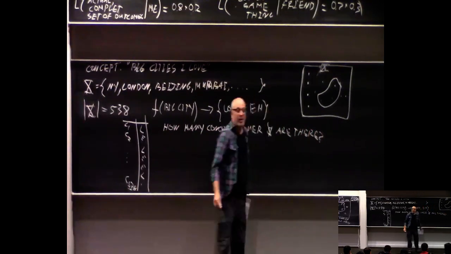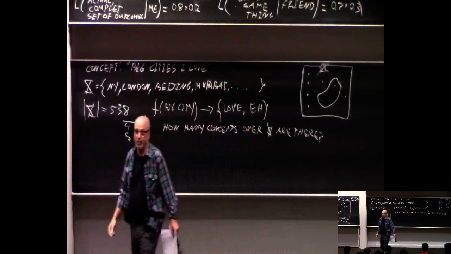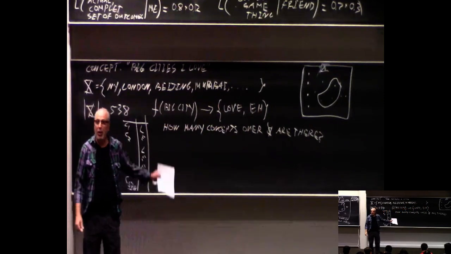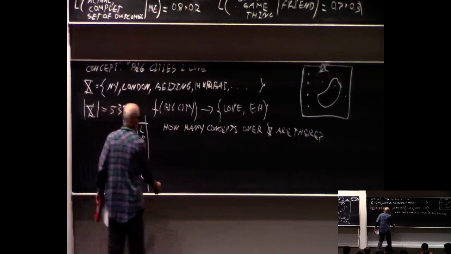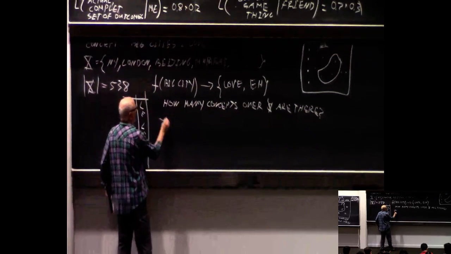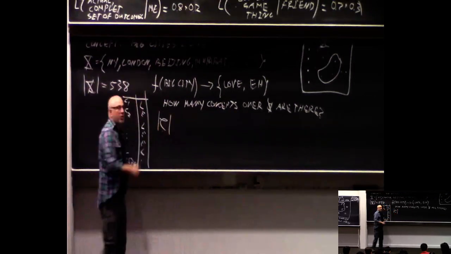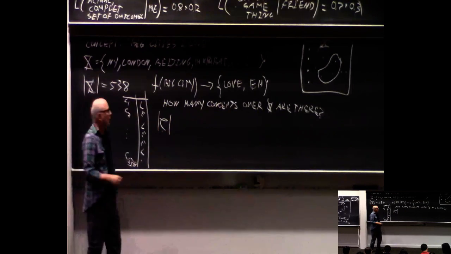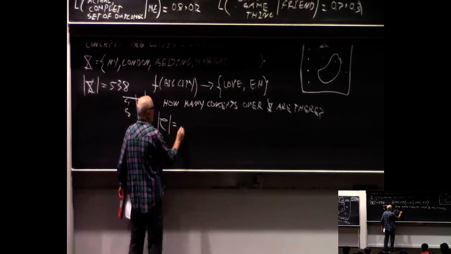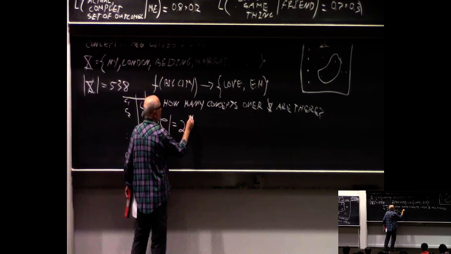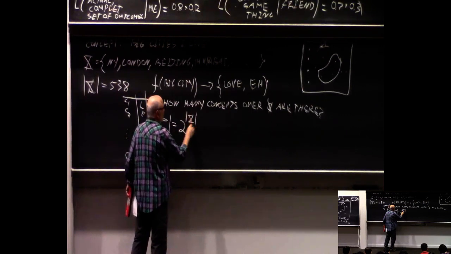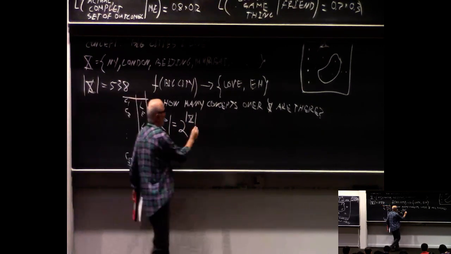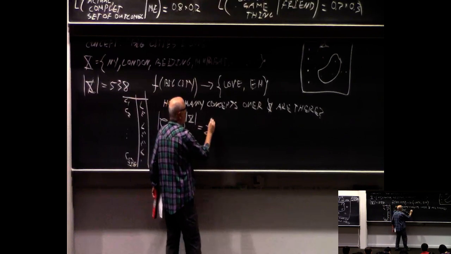And the answer is as many as there are bit vectors over X, and that's 2 to the power of 538. So the size of the concept space, which I will call big C, is 2 to the power of the size of the input space, which is 2 to the 538.